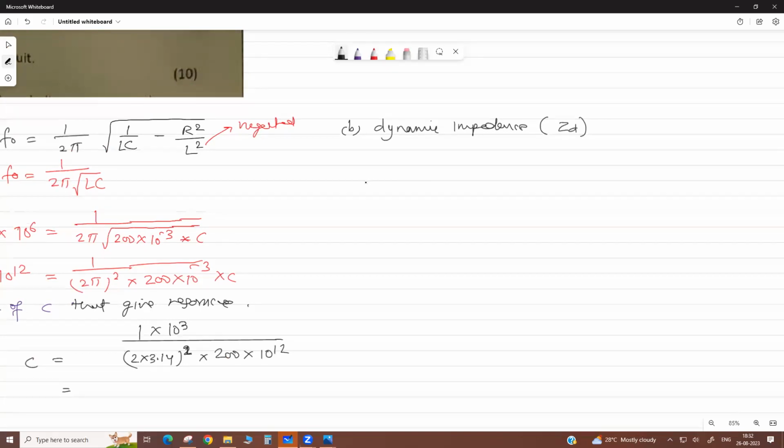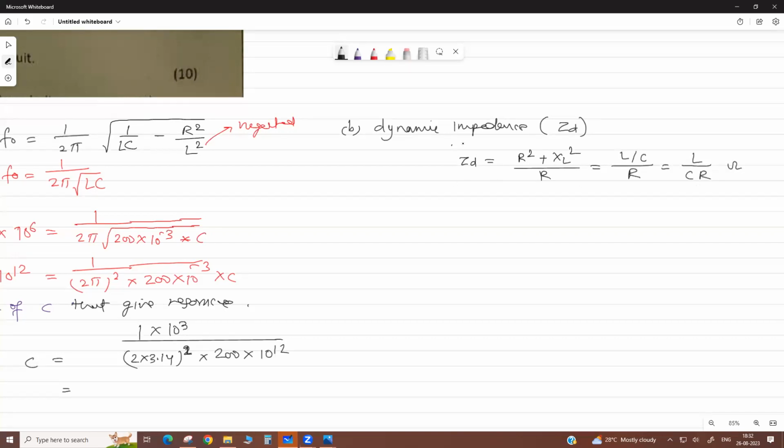The dynamic impedance ZD equals R square plus XL square divided by R, or this value is L by CR, in ohm.